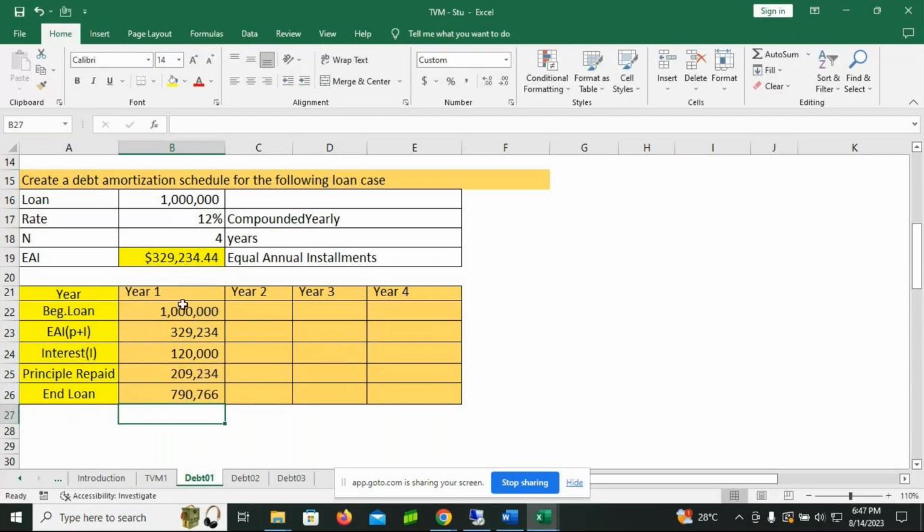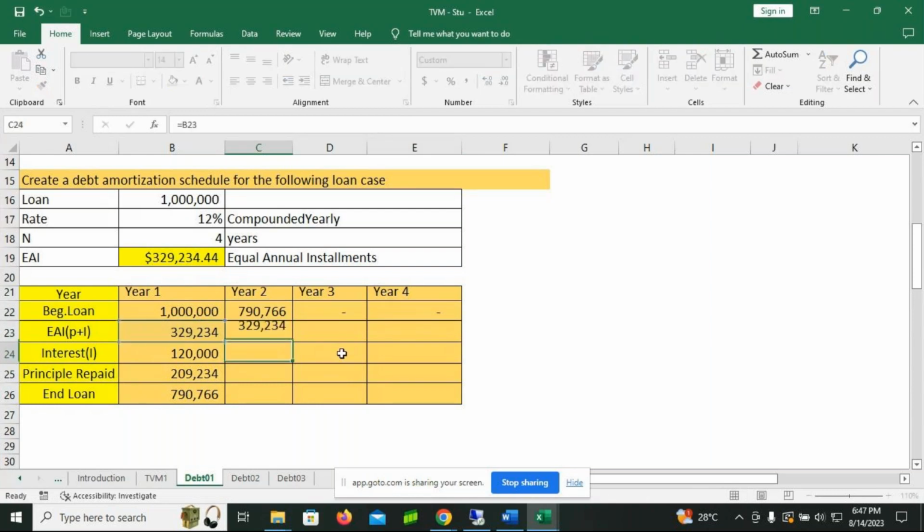So first I need to calculate, then here I'll take the value of end loan of the previous year. I will drag it. So here EMI is going to remain the same throughout the years.